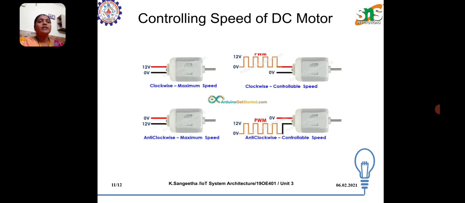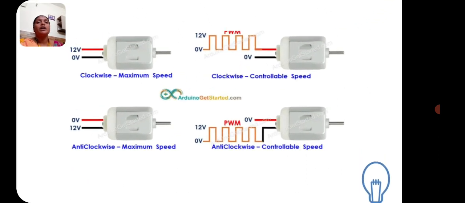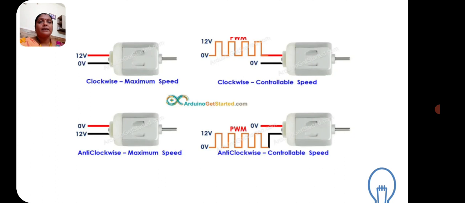For controlling the DC motor, in the first diagram there are two leads, as I said earlier. If a 12 volt battery is connected, with the positive connected to the 12 volt pin and the ground pin connected to ground, it is for clockwise rotation and we get the maximum speed. Next, if we want to control the speed, we can use PWM, pulse width modulation.